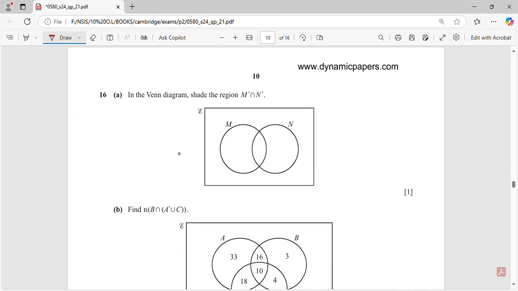Now for question number 16, he said that in the Venn diagram, shade the region M dash intersect N dash. So of course, M dash means anything but M. So let's unshade anything but M. It would be this whole part, anything but M. Now N dash, anything but N, so it will be this part.